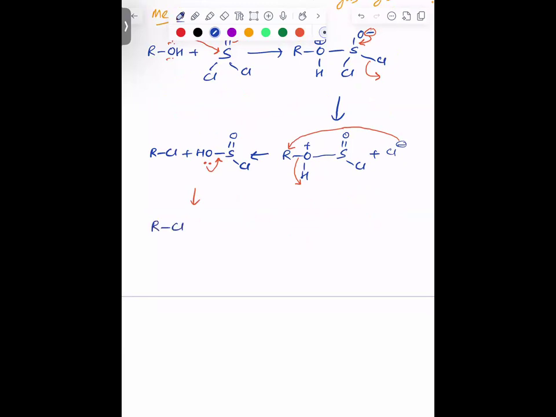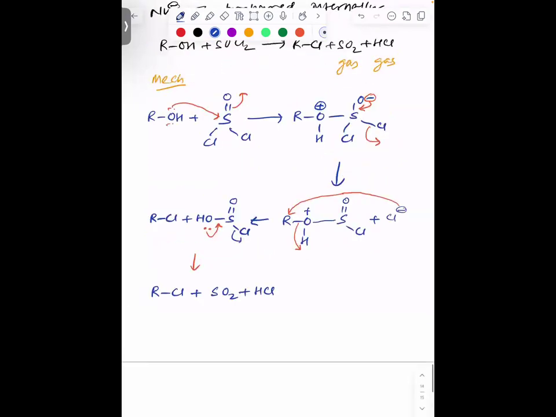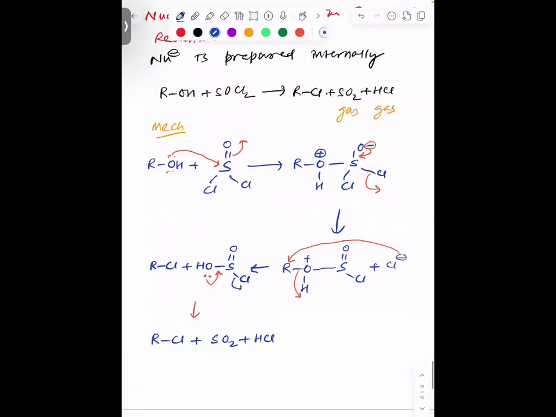This is RCl plus, and released will be SO2 plus HCl. So this is the overall mechanism. Take 2 minutes and quickly note down the steps. Then we will discuss the rest of the explanation.